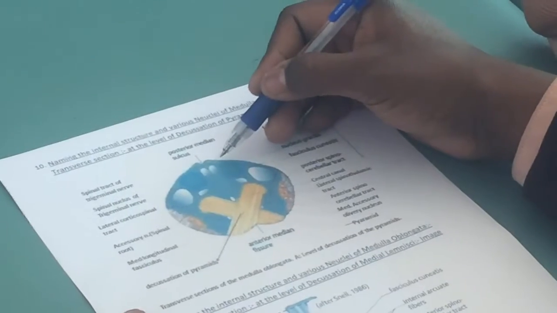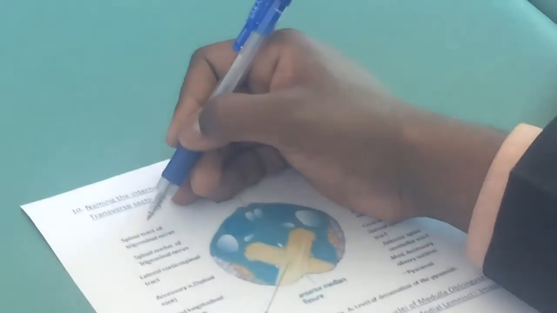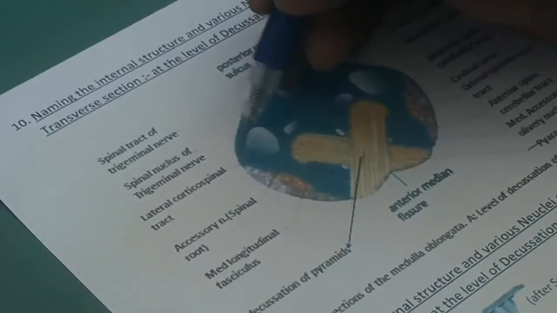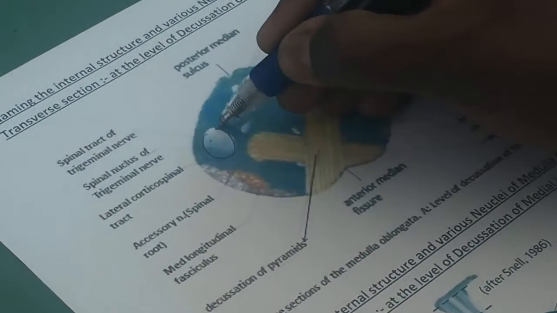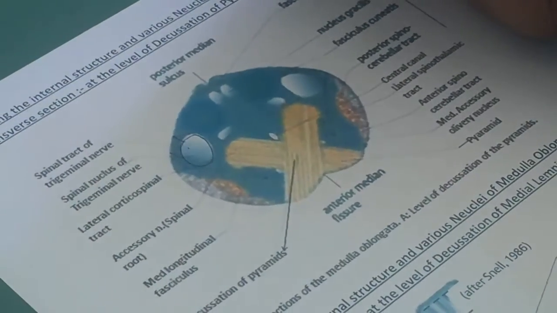Whatever tracts are there in the spinal cord, you can see them in the medulla oblongata. This is the spinal nucleus of trigeminal nerve, and this is the tract for the spinal trigeminal nerve.